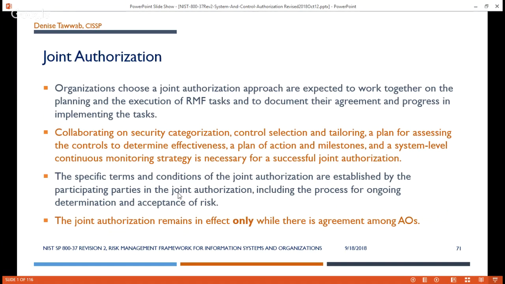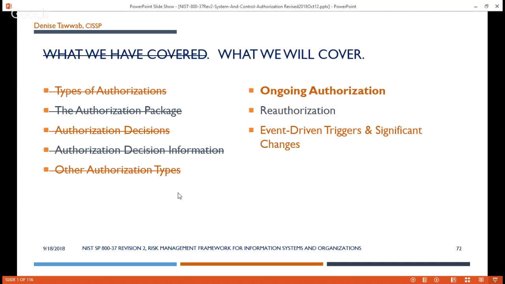The joint authorization remains in effect only while there is agreement among the authorizing officials. And so that's the basics of authorization as covered in NIST Special Publication 837, Revision 2, the draft form.